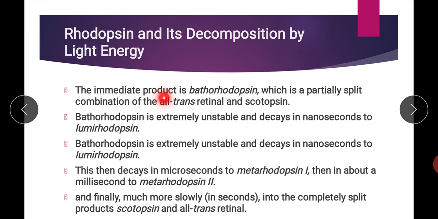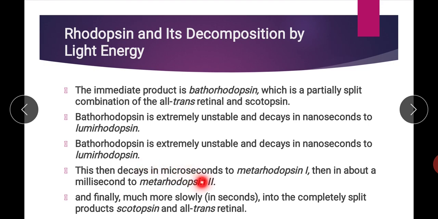The immediate product when this system starts is bathorhodopsin, which is a partially split combination of all trans retinal and scotopsin. Bathorhodopsin is extremely unstable and decays in nanoseconds to lumirhodopsin.